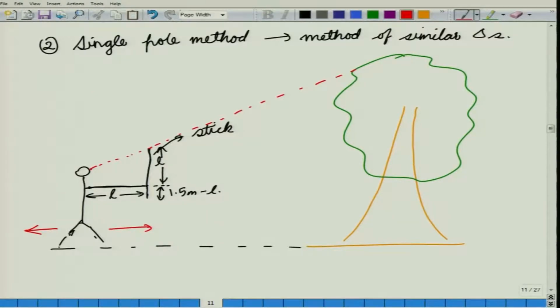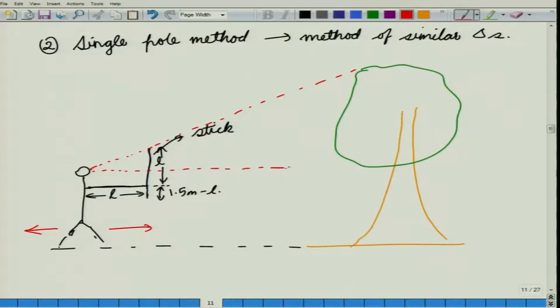Let us form two triangles now. Draw a line from his eye to the tree, and suppose this is the axis of the tree.